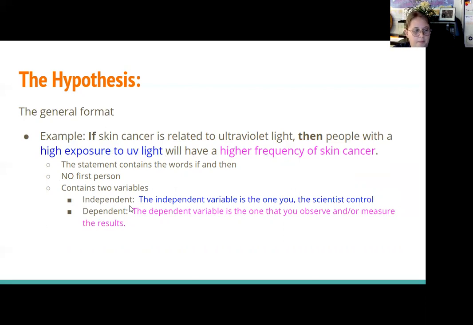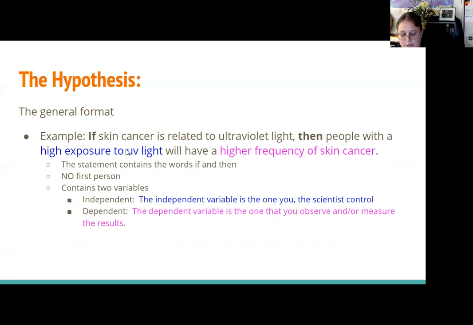So most of you probably know the difference between independent and dependent variable. We go over that in science class every year. But independent is the variable that you are controlling. All right, so in this case, it's the high exposure to UV light.